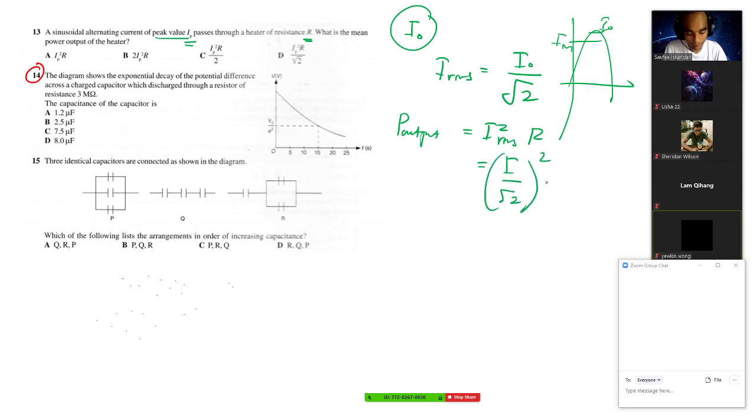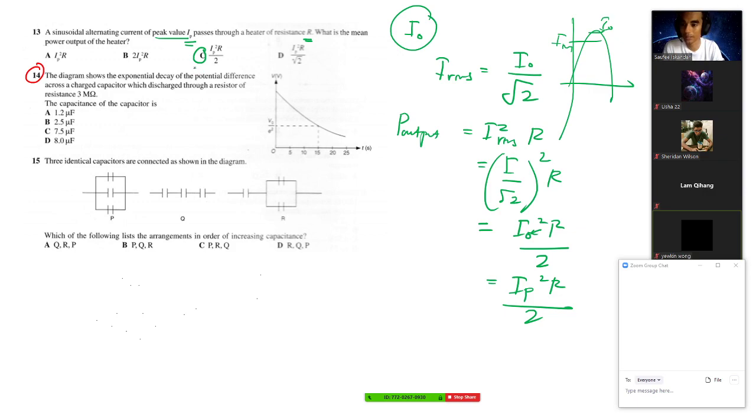This one squared gives a 2 in the denominator, and R doesn't have RMS. Remember, R doesn't have RMS, R doesn't have R naught. It doesn't even exist. So it equals I naught squared R divided by 2. Because we don't see I naught in the question, convert: I_P squared R divided by 2. So the answer is C.